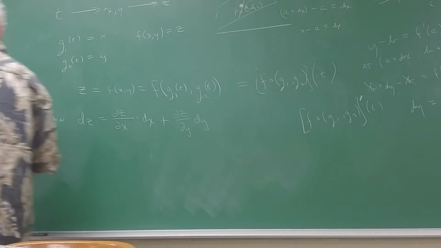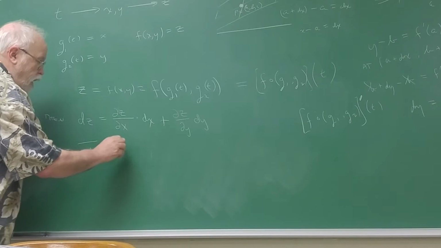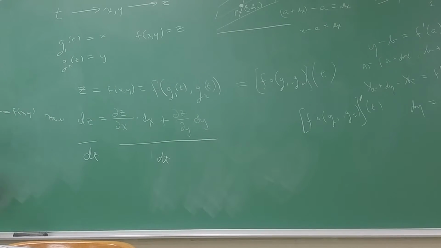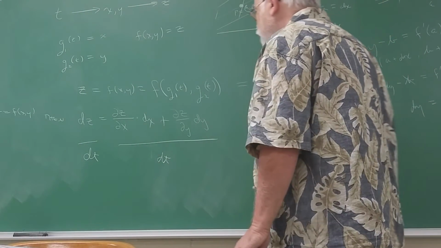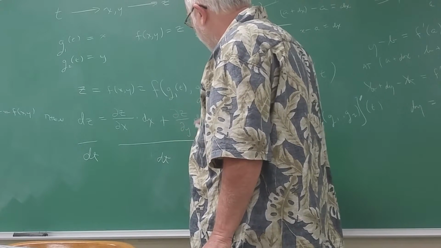So I want dz/dt. And I've got dz. So guess what? Just divide everything by dt. And that's okay, because this really is division. Partial derivatives are not really division, except in limited circumstances. Very good. All right, and you were about to tell me how I could rearrange this, I bet.